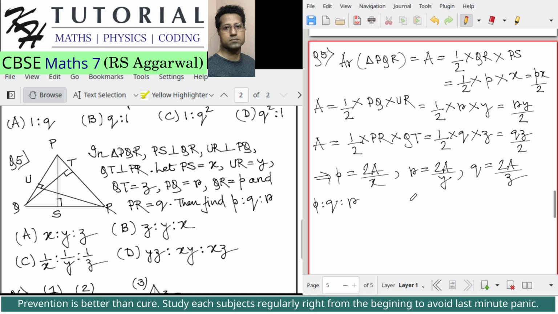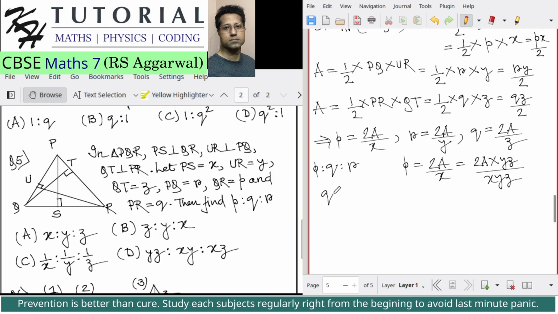So P is twice A by X. You know that in a rational number, if I multiply both the numerator and the denominator by the same non-zero number, it remains the same. So in the rational number 2A by X, I can multiply both the numerator and the denominator by YZ, and it will be the same. The denominator becomes XYZ.